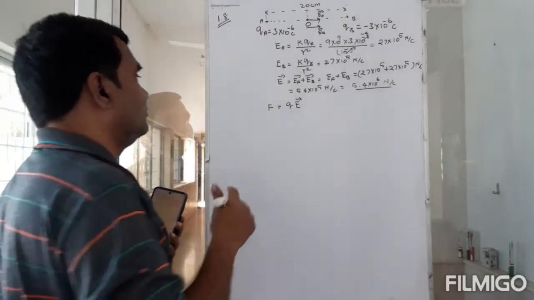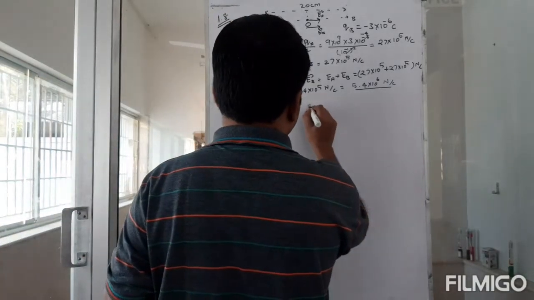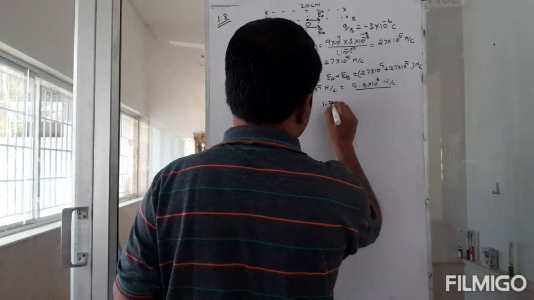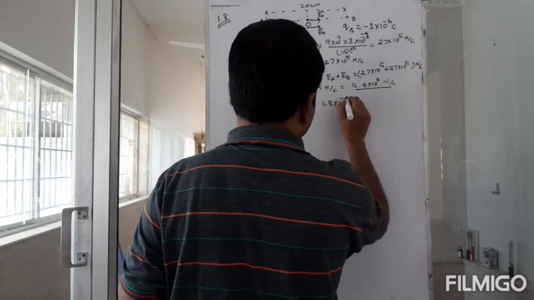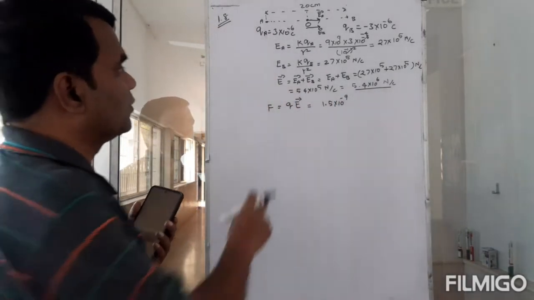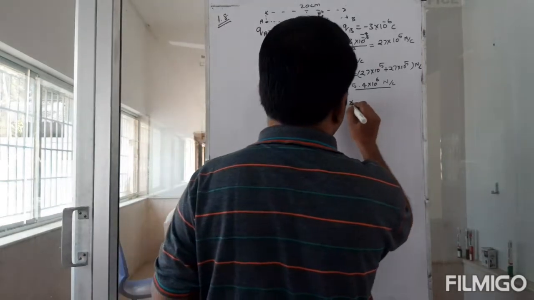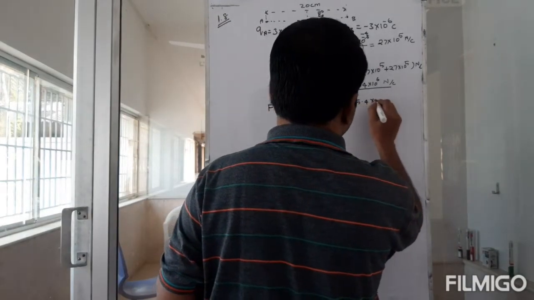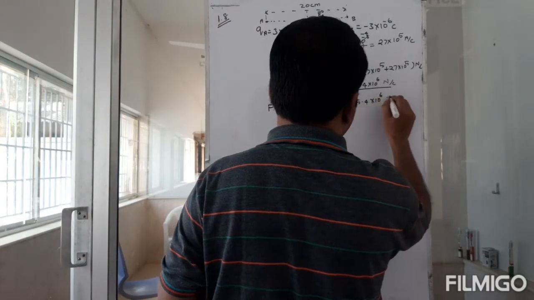So what's Q here? Q is 1.5 into 10 power minus 9 Coulomb. And what is the E value here? That is 5.4 into 10 power 6 per coulomb.